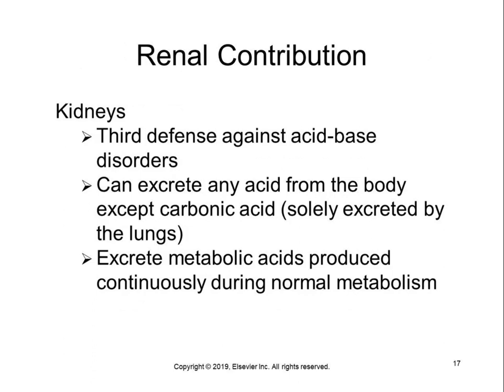Kidney: the third defense against acid and base disorders. The kidneys can excrete any acid from the body except carbonic acid, which is solely excreted by the lungs. Metabolic acid is produced continuously during normal metabolism.